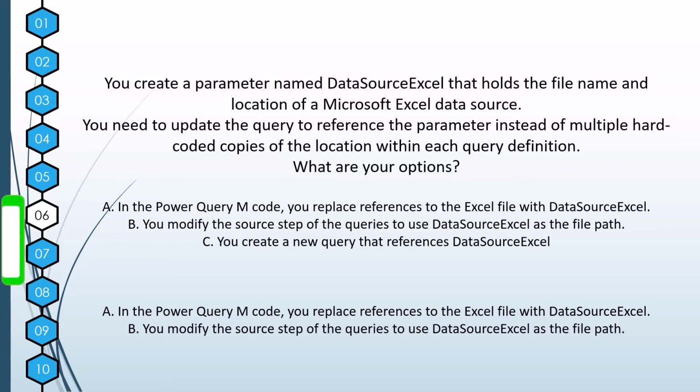B. You modify the Source step of the queries to use DataSourceExcel as the file path. C. You create a new query that references DataSourceExcel. The options should be: A. In the Power Query M code, you replace references to the Excel file with DataSourceExcel. B. You modify the Source step of the queries to use DataSourceExcel as the file path.